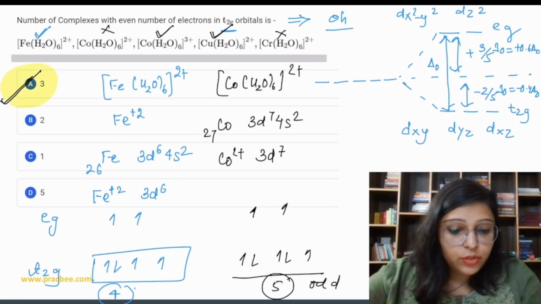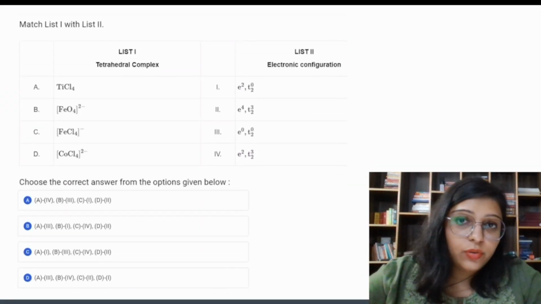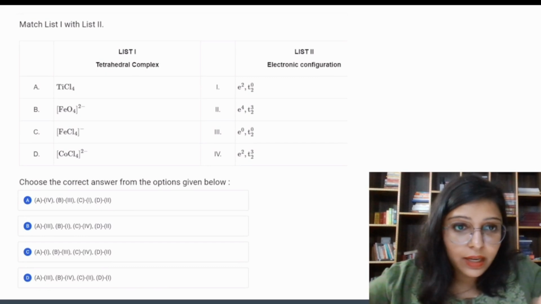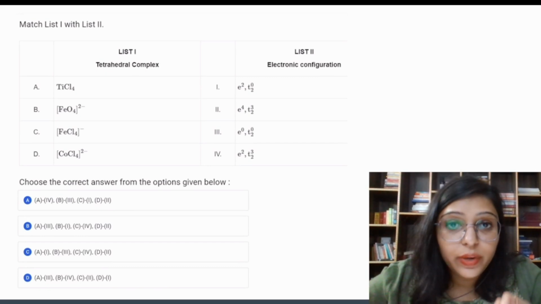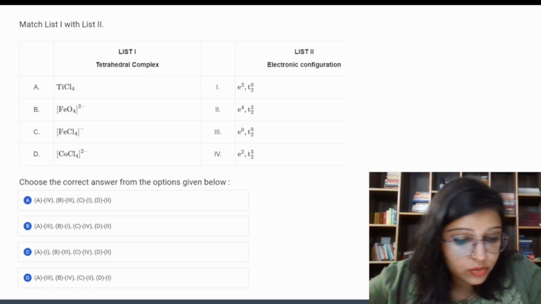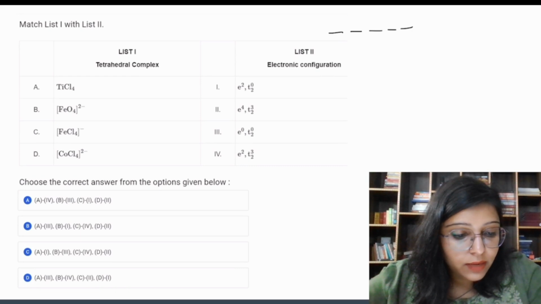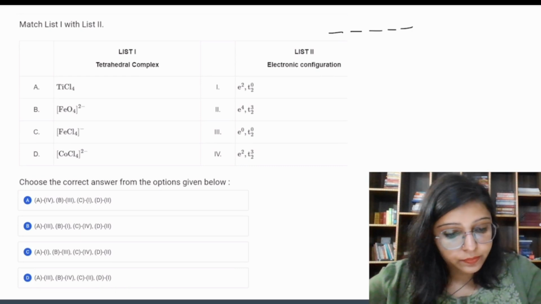Okay. Now let's do the next question. In the next question also we have to write the electronic configuration in terms of t2 and e, which is the case with the tetrahedral complex. So in the tetrahedral complex, the 5 orbitals are degenerate, then we have the splitting.